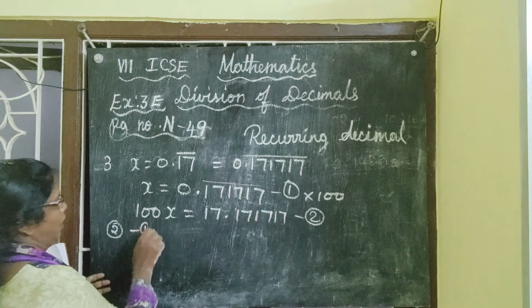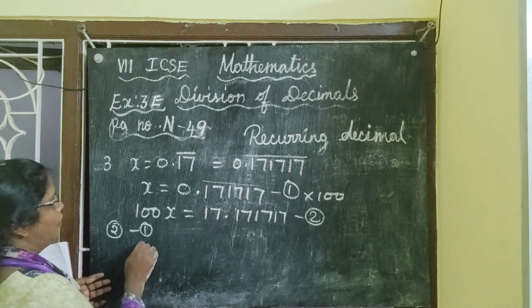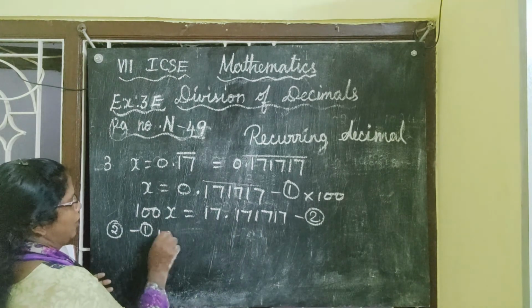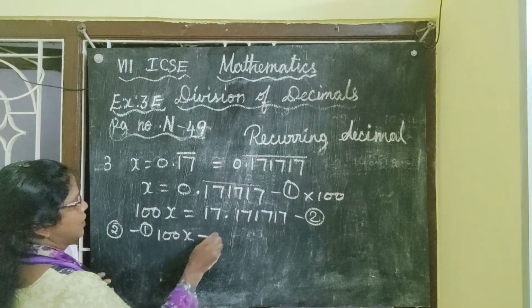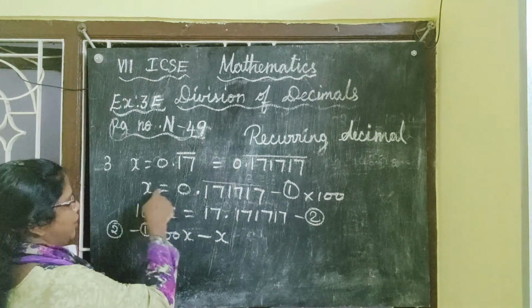Now subtract the first from the second, equation 2 minus equation 1. 100x minus x.